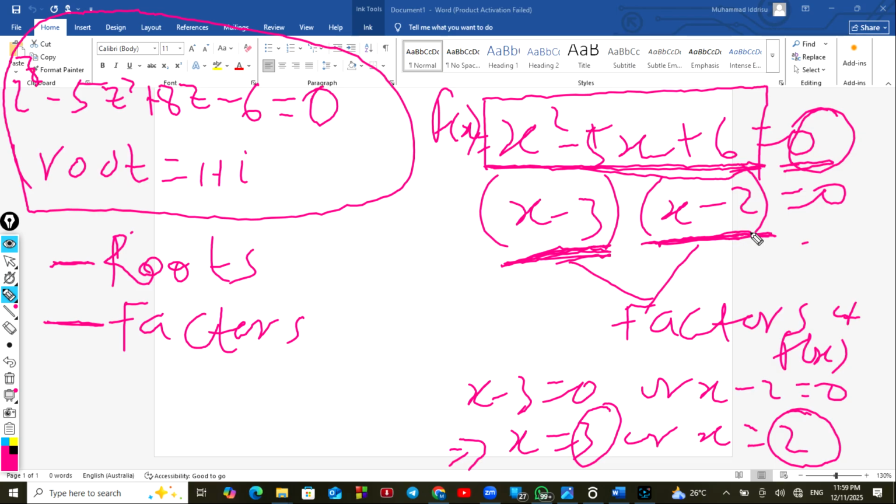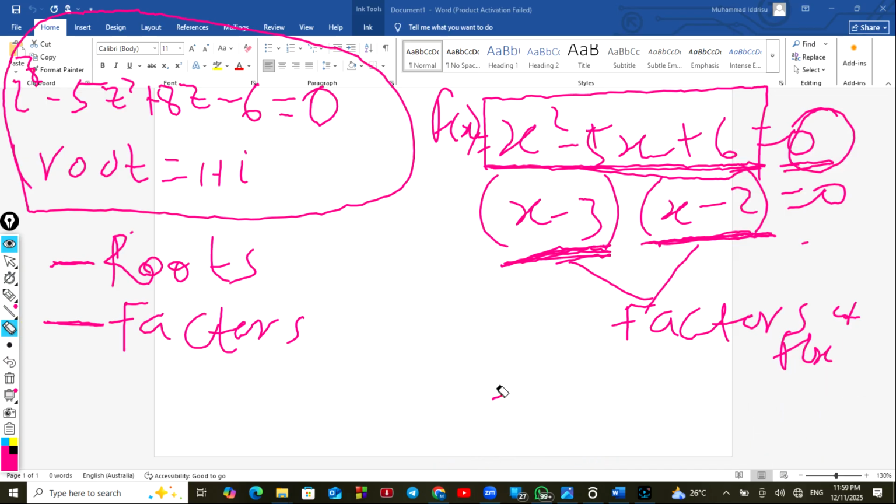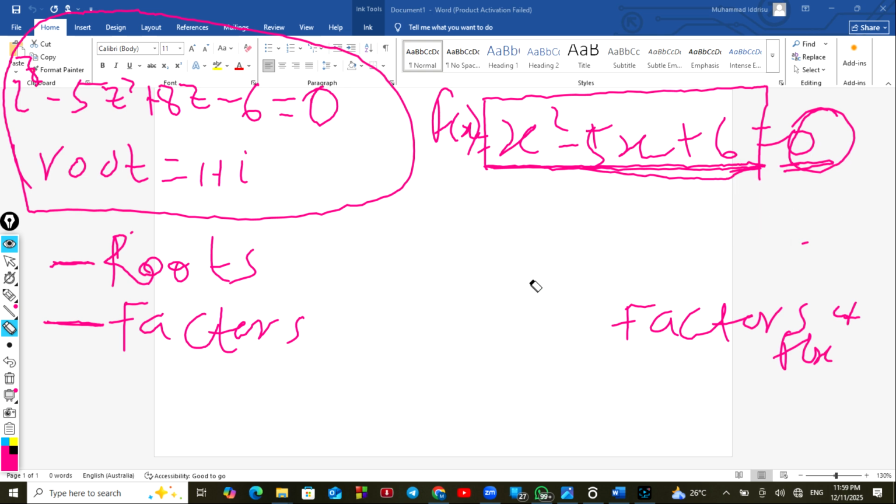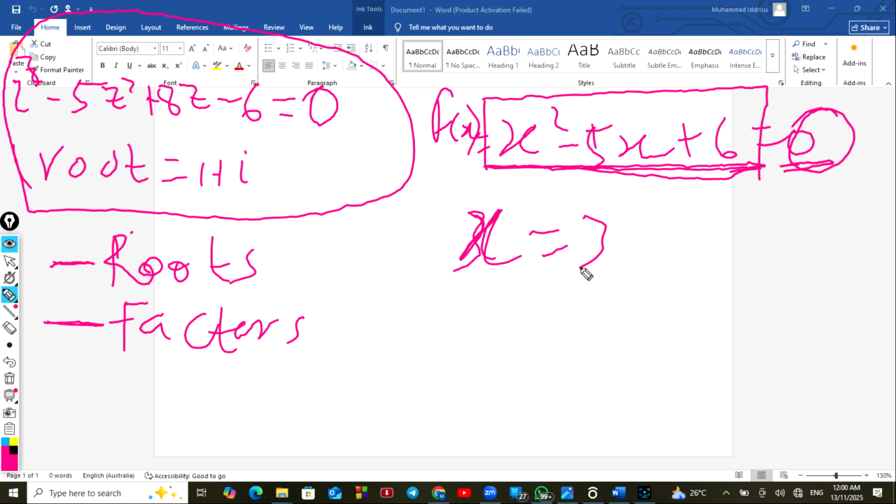If I was given only x is equal to 3 and I weren't given these factors, if I'm told that x is equal to 3 is a root of f of x, this means that x minus 3 is equal to 0, and this x minus 3 is a factor of x squared minus 5x plus 6.